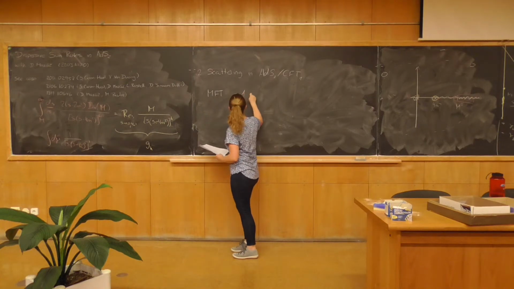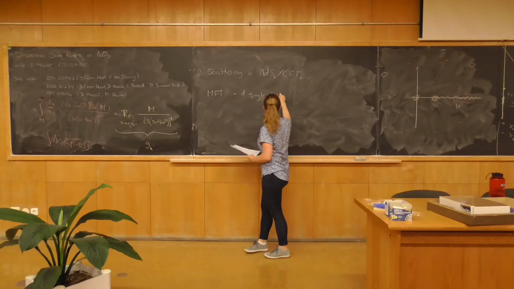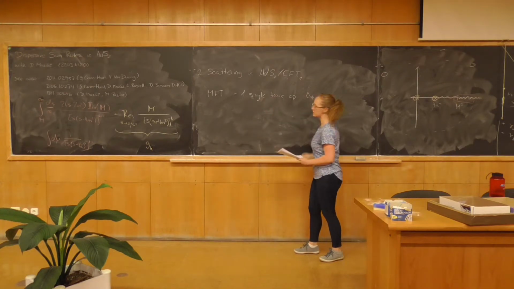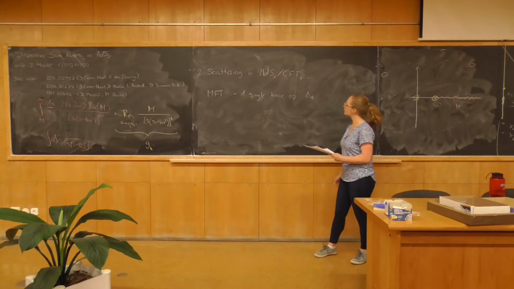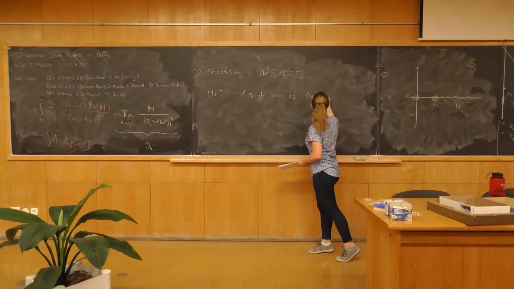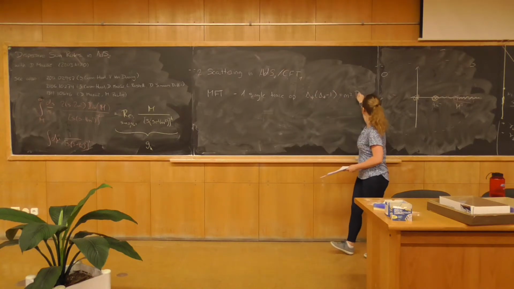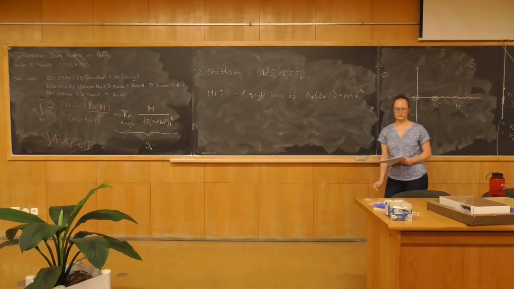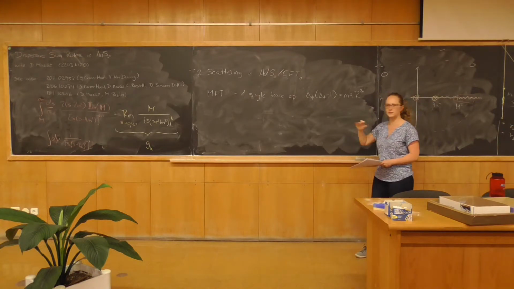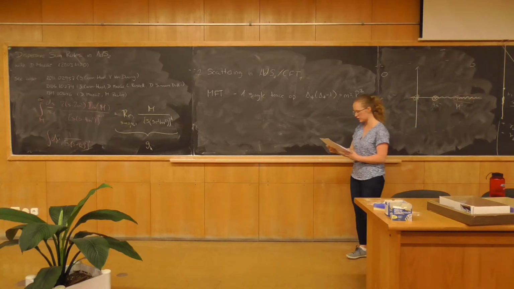we'll have one single trace operator, which will have some dimension delta phi. And this is related to the mass on the AdS side in the usual fashion. And when I say single trace operator, I'm not specifically assuming that there's a large N expansion, I'm just using the same terminology.